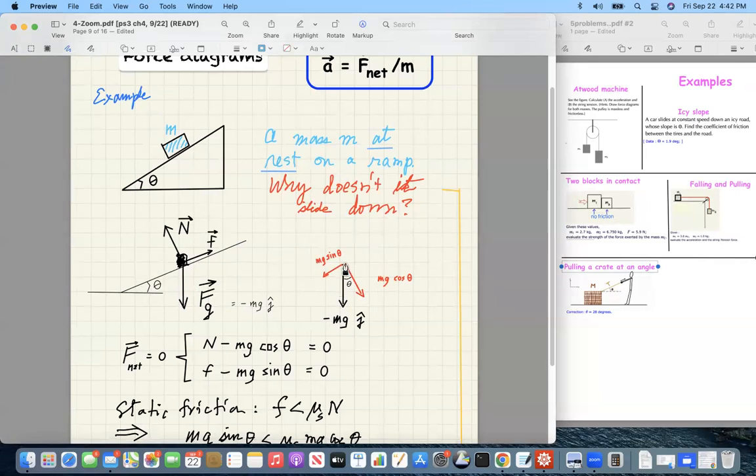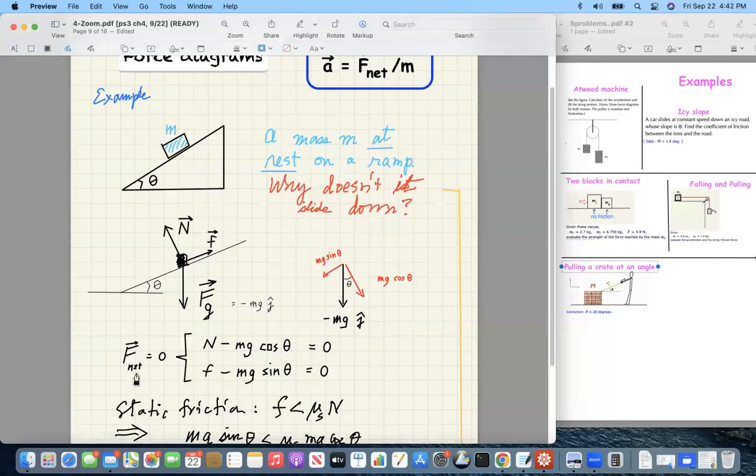The component adjacent to theta has a projection cosine theta. Cosine theta is the adjacent over the hypotenuse. The hypotenuse is mg. So the force perpendicular to the surface is mg cosine theta. And the force parallel to the surface, actually downward, will be mg sine theta.